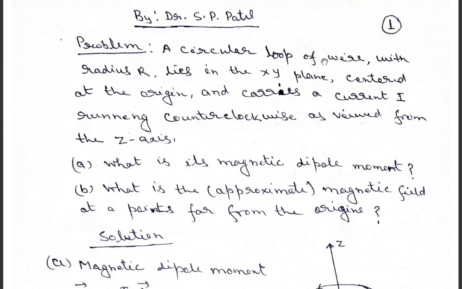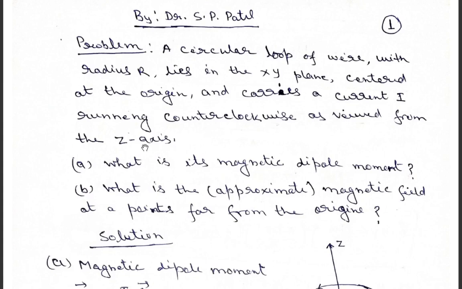A circular loop of wire with radius r lies in the xy plane centered at the origin and carries a current I running counterclockwise as viewed from the z axis.